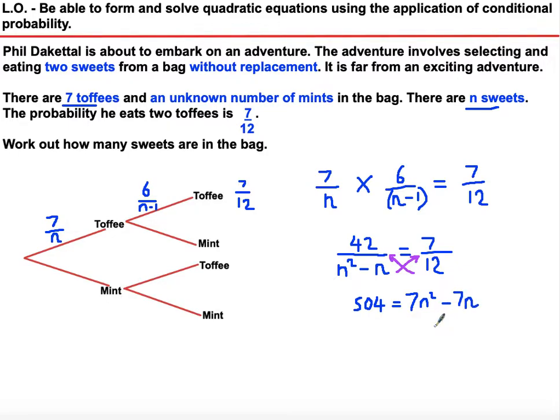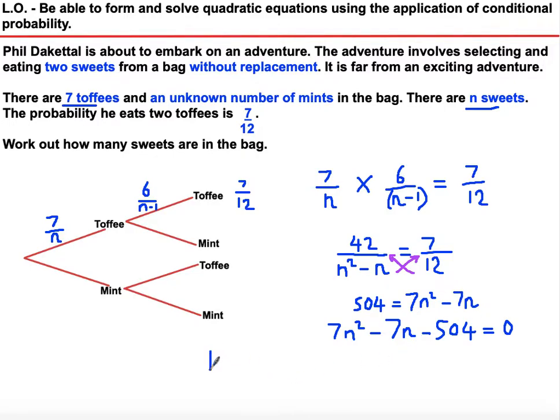So now we're in quadratic territory. To solve any quadratic, whether by factorization or by use of the quadratic formula, we need to have equals 0. So I'm going to subtract 504 from both sides, and set up my quadratic. At this point you could use the quadratic formula. However, I would do a quick check to see if I can divide 504 by 7, because the first two terms I can definitely divide by 7.